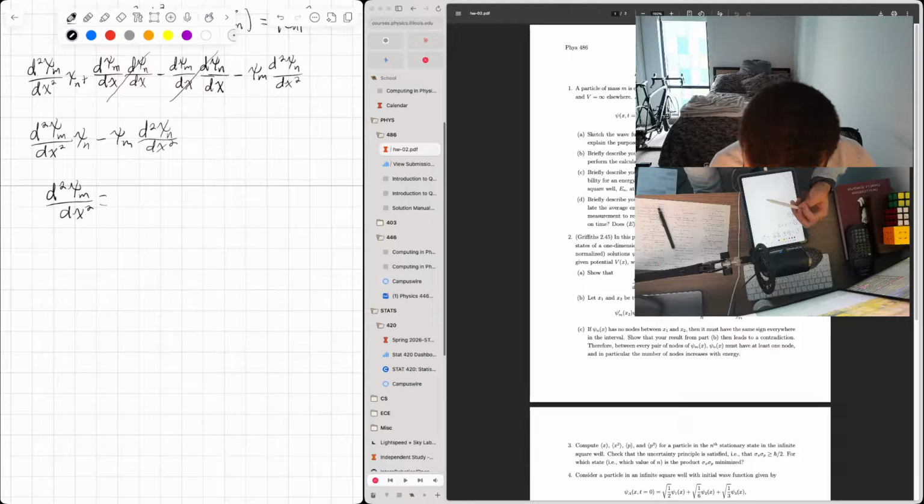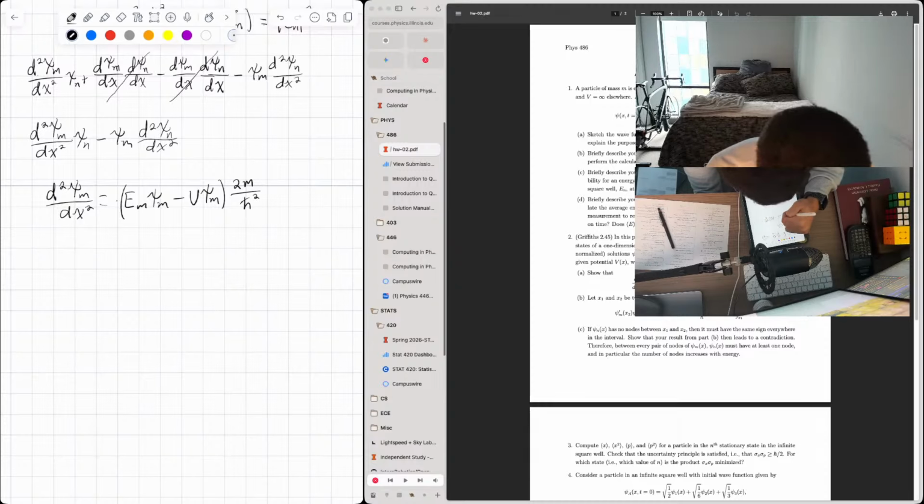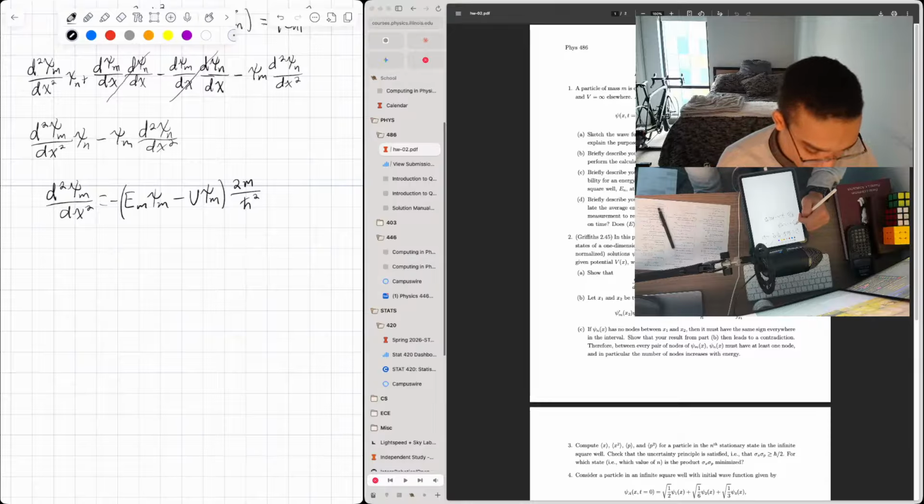Okay, the time-independent Schrödinger equation. Okay, I see what we do. So this equals E of m psi m minus V psi m, times 2m over h bar squared. And this will be a negative sign. Okay.